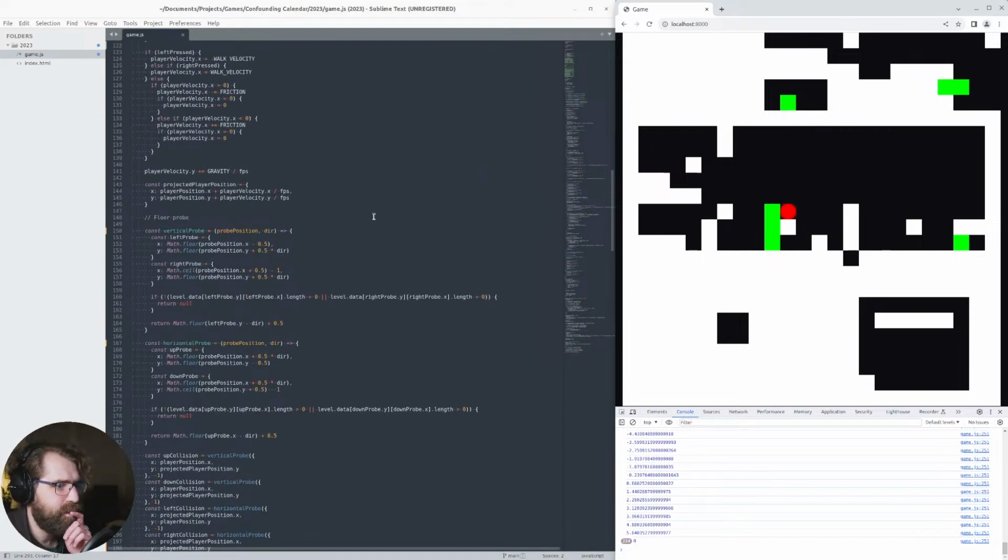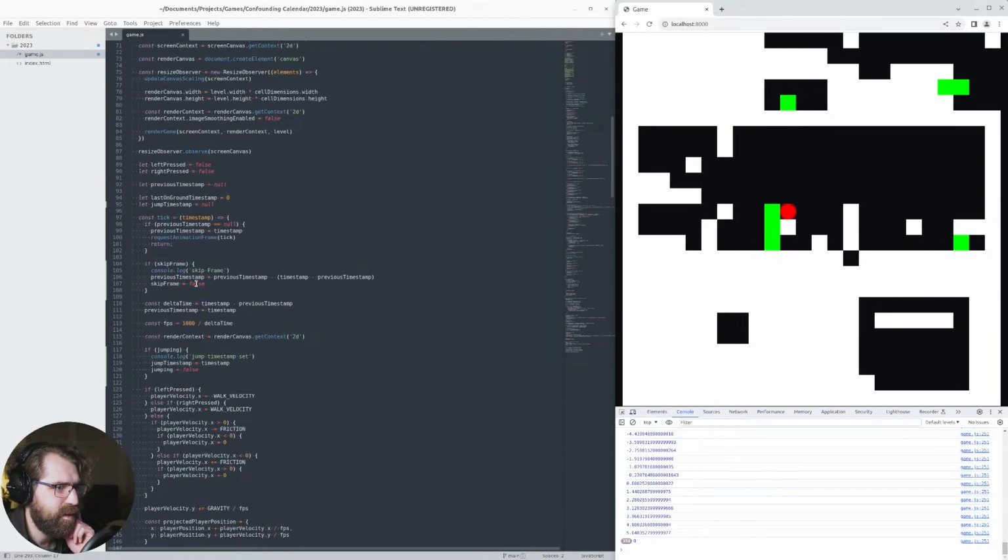So what am I doing? What I'm doing is setting previous timestamp to be previous timestamp minus the difference between the current timestamp and the previous timestamp. So basically it's double the distance away. I mean, sure, let's just do it the simpler way.